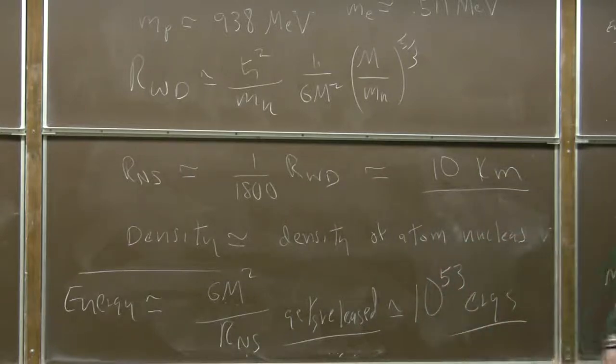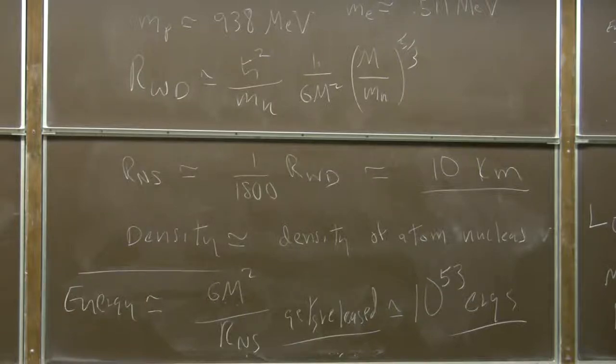Is that a lot of energy? Does anybody know the luminosity of the sun? How many ergs is the sun putting out every second? The luminosity of the sun is about 4 times 10 to the 33 ergs per second.